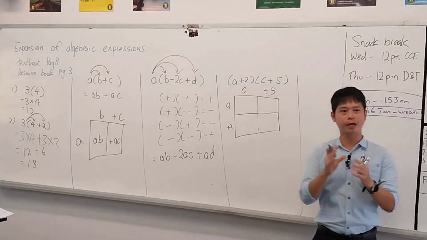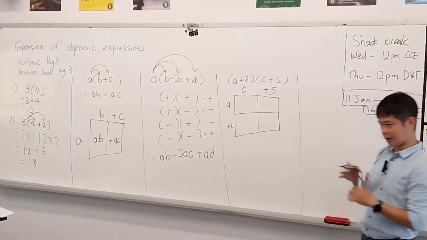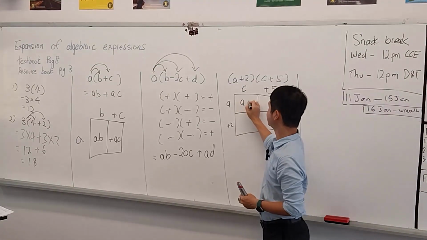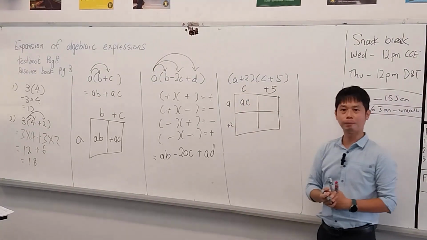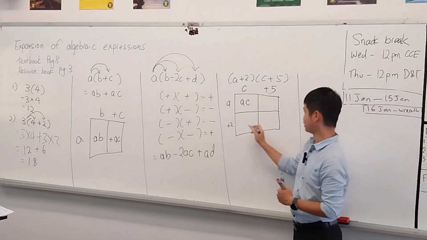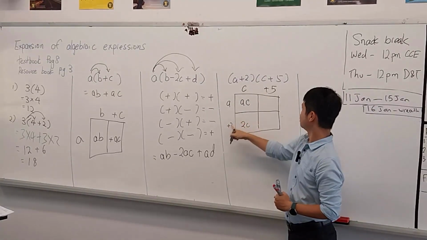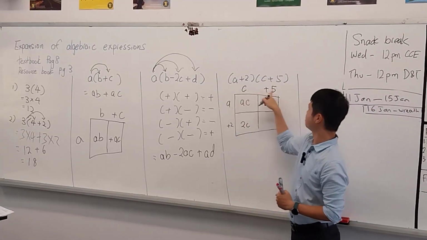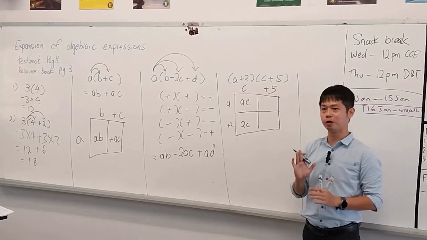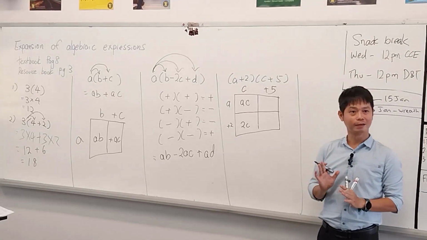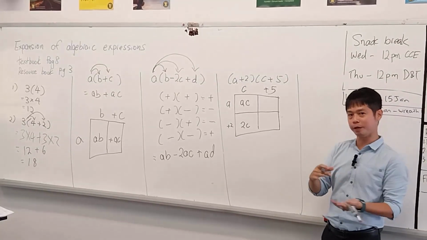A multiplied by C, what's the area that we will get? In terms of algebra, we'll get AC. Down here, 2 multiplied by C, we'll get 2C. So, where else? Okay, A multiplied by 5. Very good. You all say 5A. Please do not write A5. In algebra, the number must always be in front.